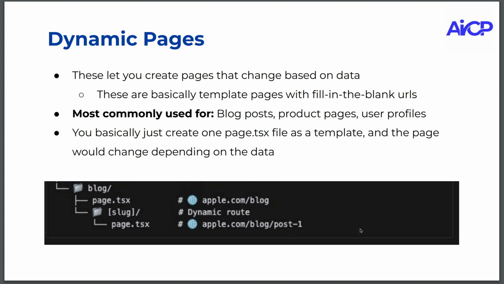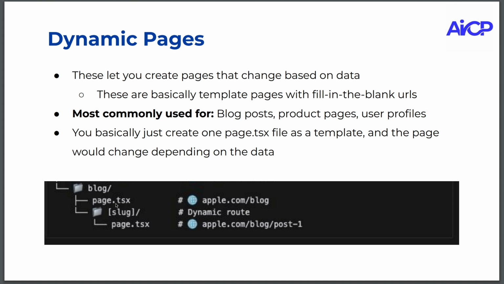So basically what you need to do is first create the main folder, which would host your dynamic pages. So in our case, in this example here, we have blogs as our dynamic page. So inside the app folder, we just create a blog folder with a main blog page. So this apple.com/blog is just this main page.tsx file, which essentially shows all of your blog posts.